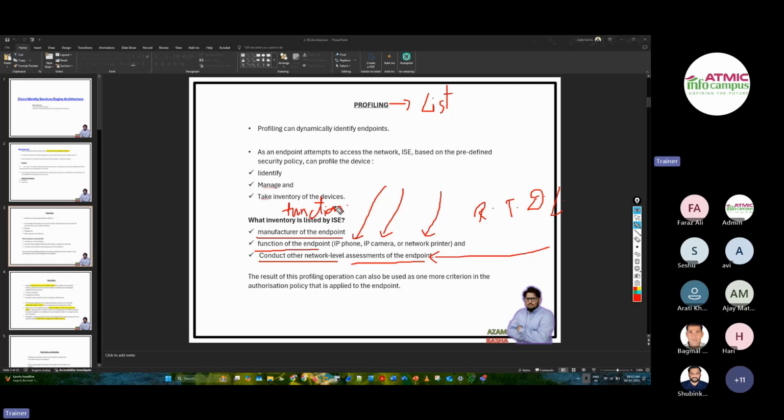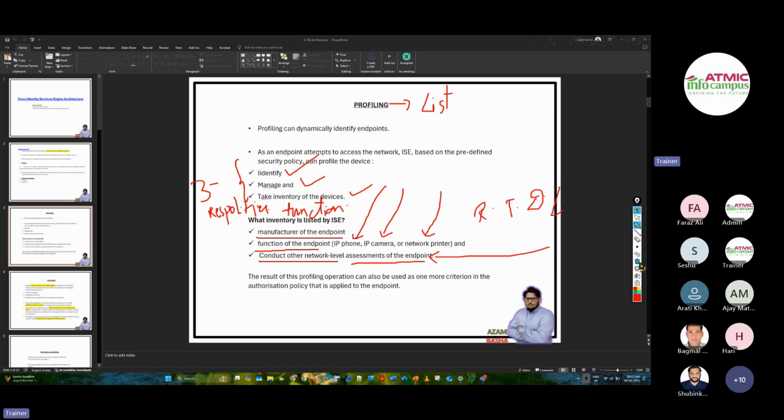And how does it provide that? It identifies, manages, and takes the inventory. So these are the three responsibilities of the profiling feature.